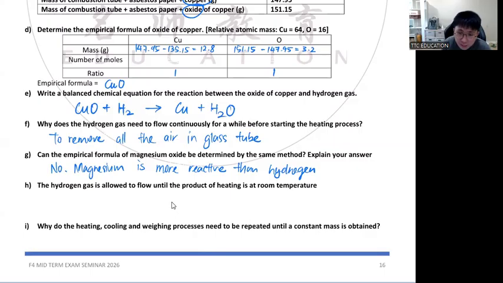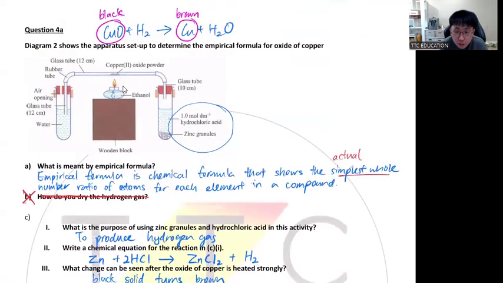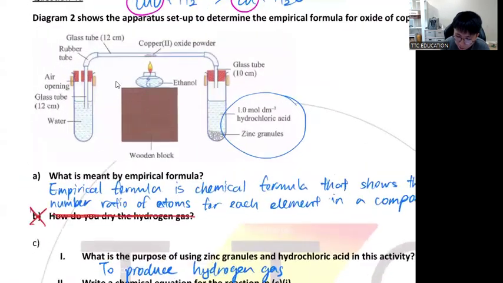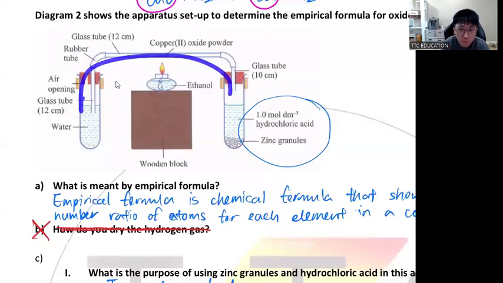Okay, then hydrogen gas is allowed to flow until the product of heating is at room temperature. It means, guys, before you heat, you flow. After you finish heating, you still flow, but for a different reason. Even when your fire is no more, you still let the H2 flow. But why?